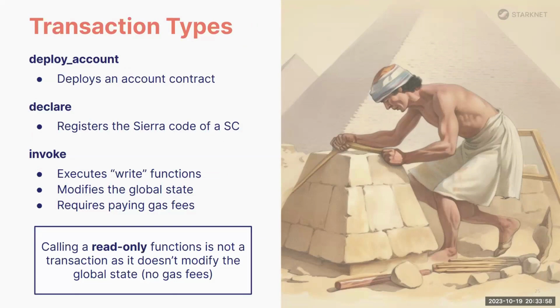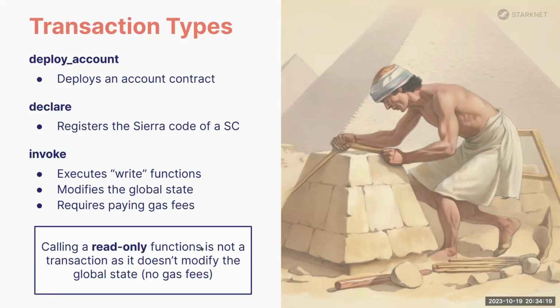Invoke invokes external functions, that is, write functions that modify state, and when you execute external functions you have to pay gas for those executions, whereas when you're reading from state you don't need to pay any gas. It's free in this case.